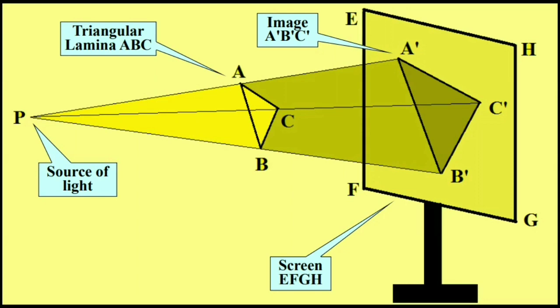It is clear here that A dash B dash C dash is the image of triangle ABC. Hence, the triangle A dash B dash C dash is similar to the triangle ABC.